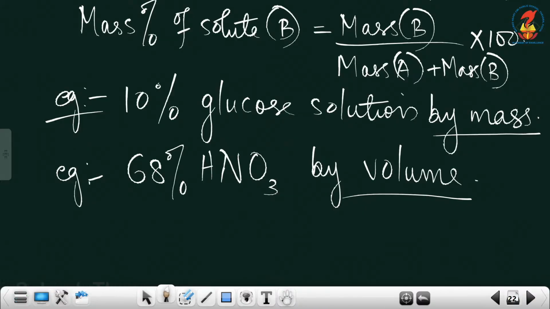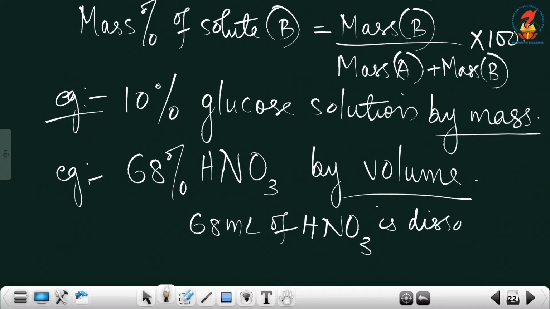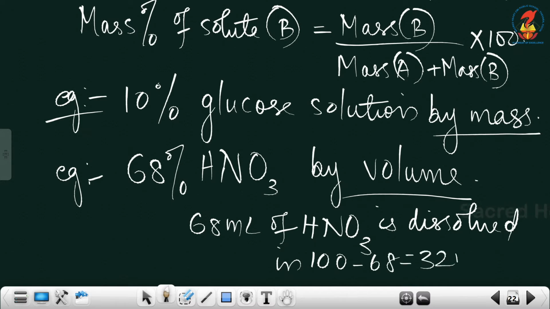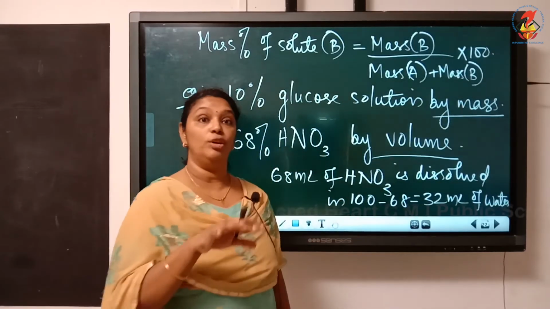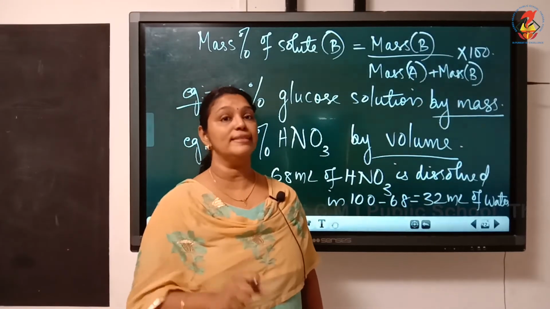By volume means 68 ml of nitric acid is dissolved in 100 minus 68, which is equal to 32 ml of water, so that the total volume of the solution is 100 ml.